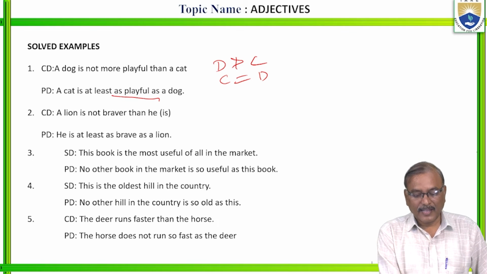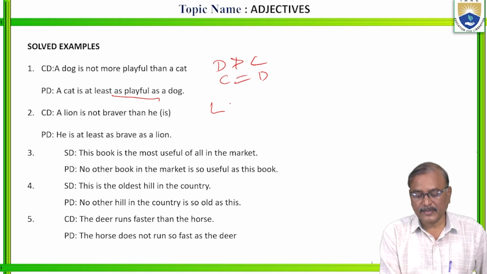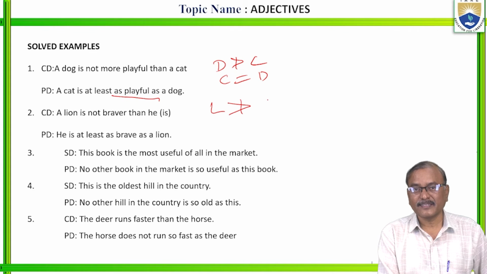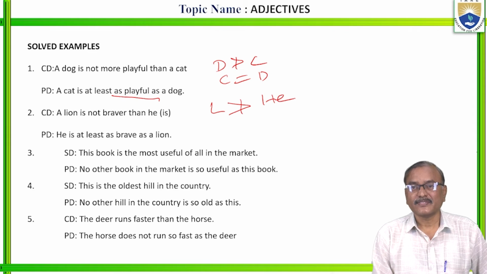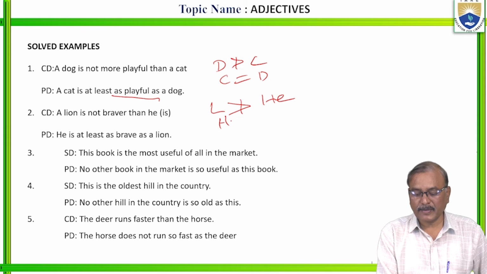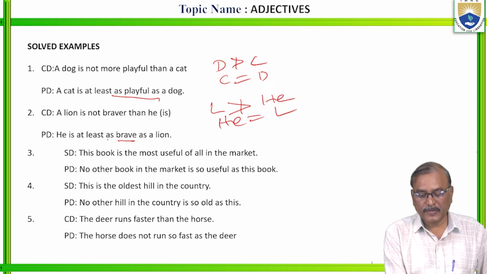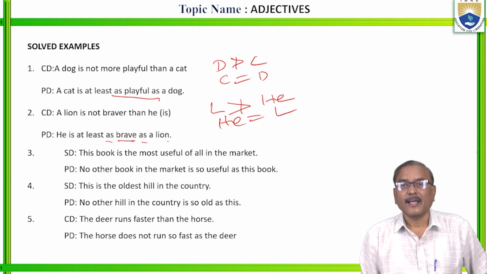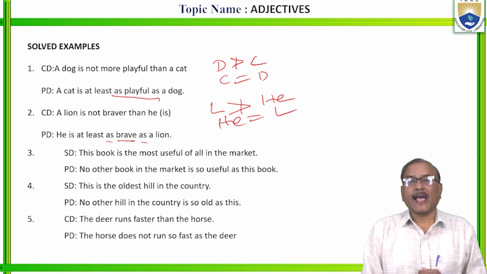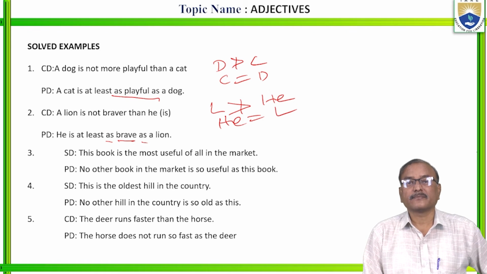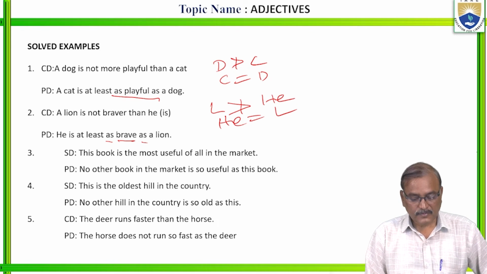A lion is not braver than he. Then he may become equal to the lion, isn't it? He is at least as brave as a lion. Okay? Next.